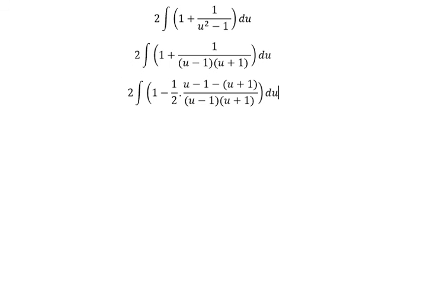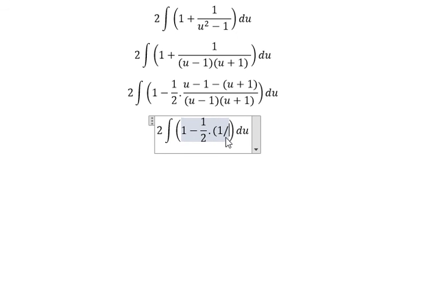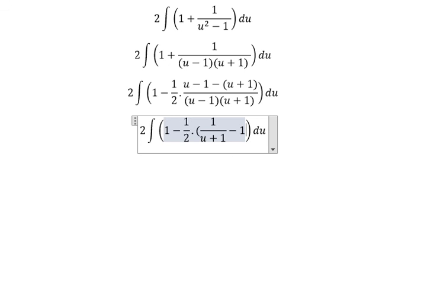Next, u minus 1 divided by u minus 1, you will get 1 over u plus 1. u plus 1 divided by u plus 1, you will get 1 over u minus 1.